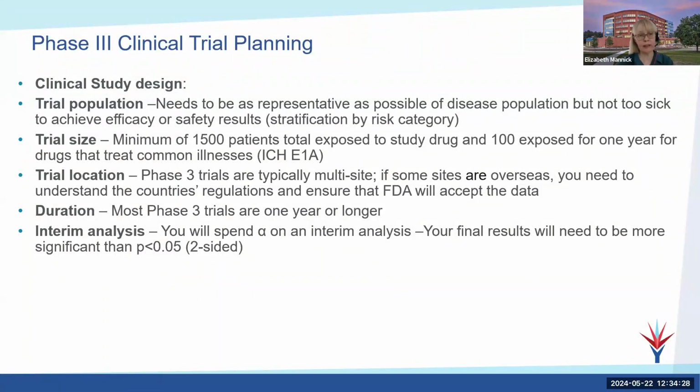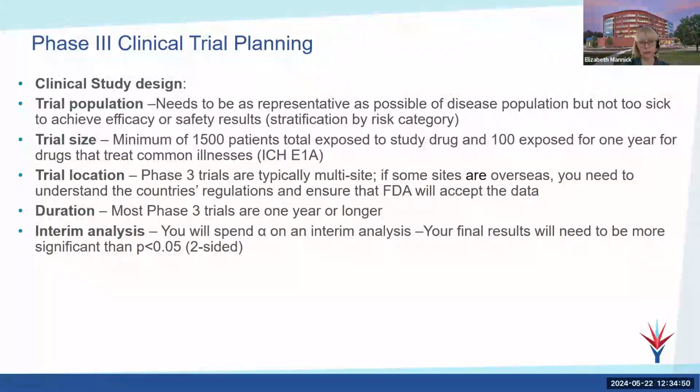Your trial size is going to be a lot larger, and you're going to need a minimum of 1,500 patients total exposed to study drug during your clinical development program, and 100 patients exposed for 1 year for drugs that treat common illnesses.